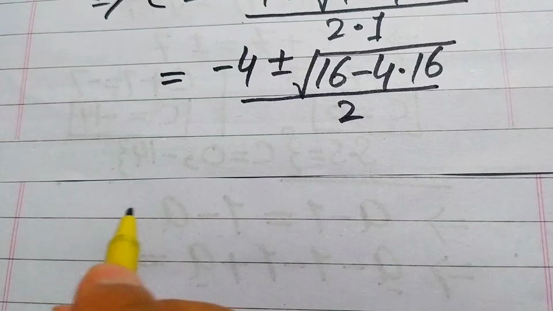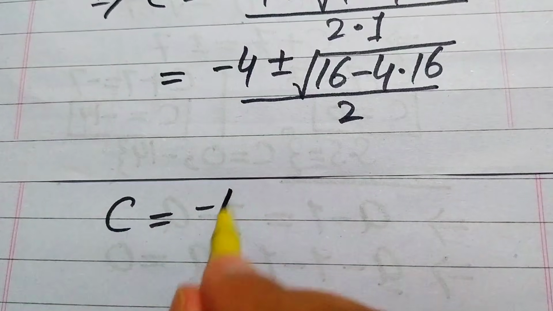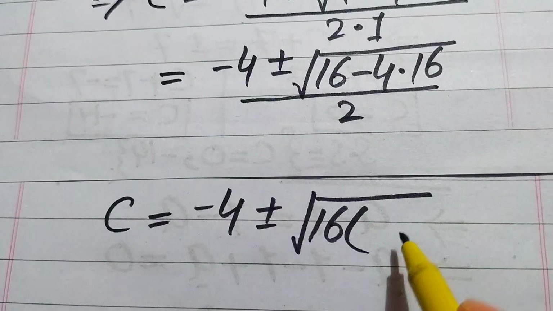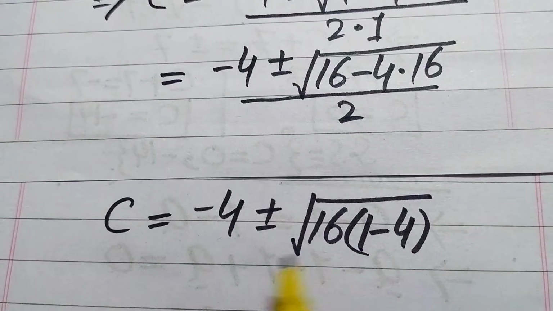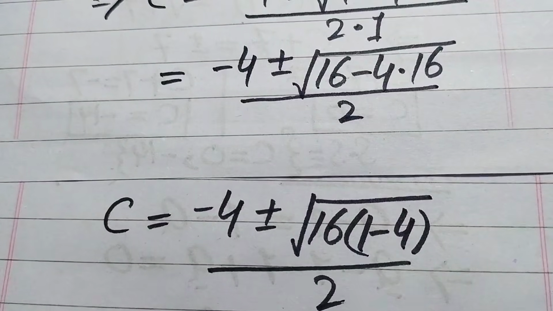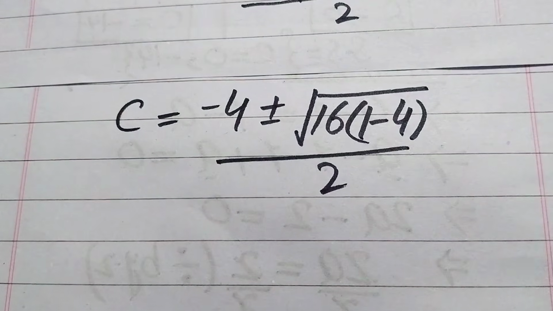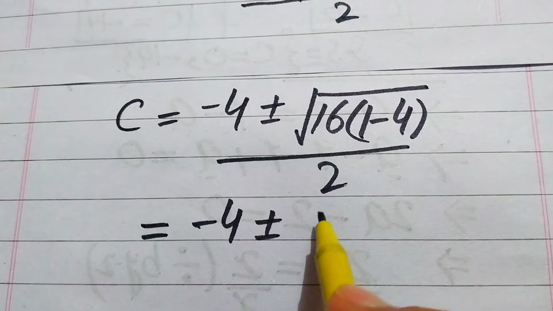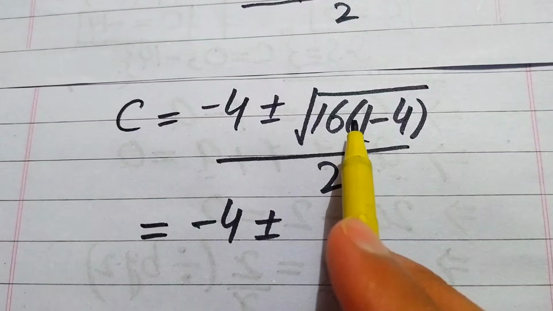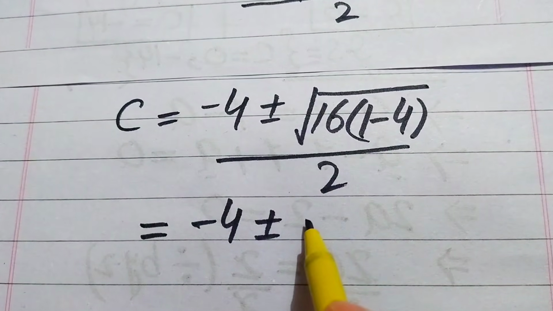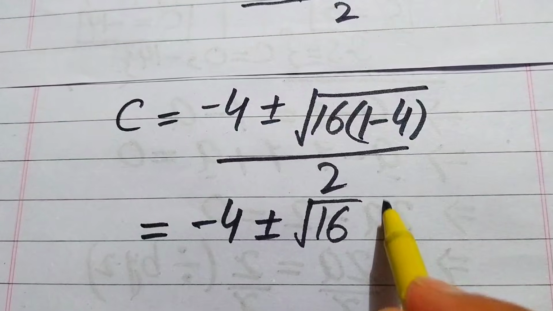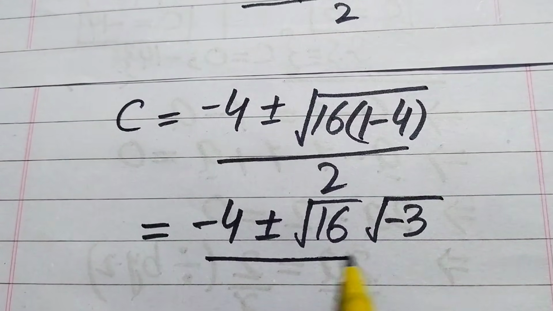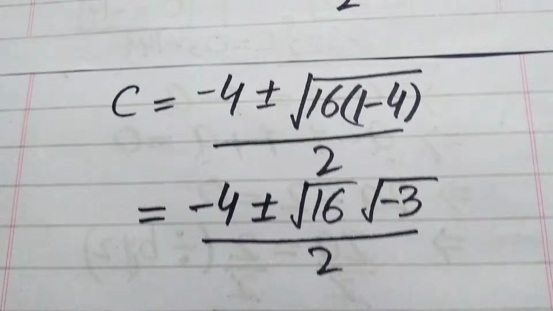So now in the next step we have c is equal to minus 4 plus minus. Here inside the square root sign we have 16 as the common term. After taking 16 common we get the remaining values 1 minus 4. And now in the next step we have minus 4 plus minus. Here we just apply the square root separately on both of these two values, and it will become square root of 16 into square root of 1 minus 4, and 1 minus 4 becomes minus 3, and it is divided by 2.